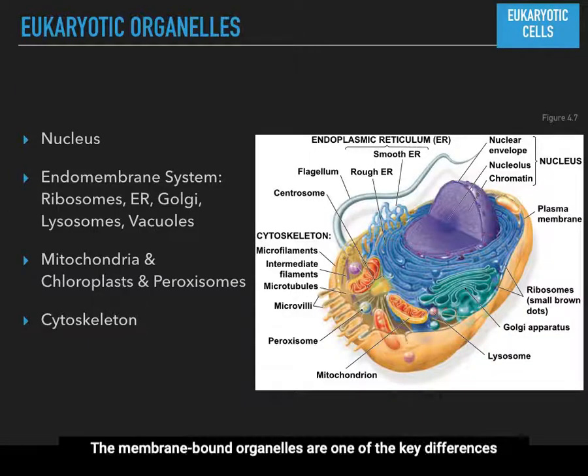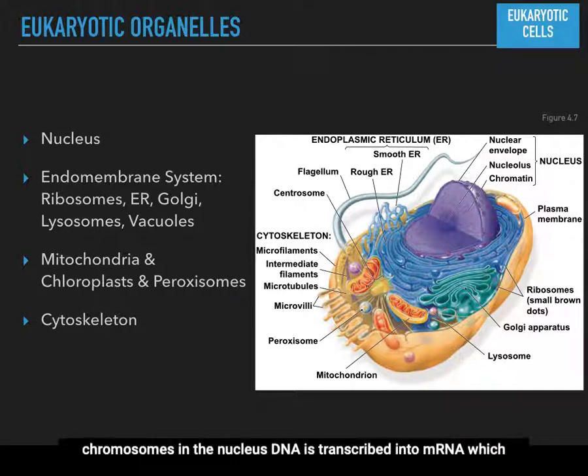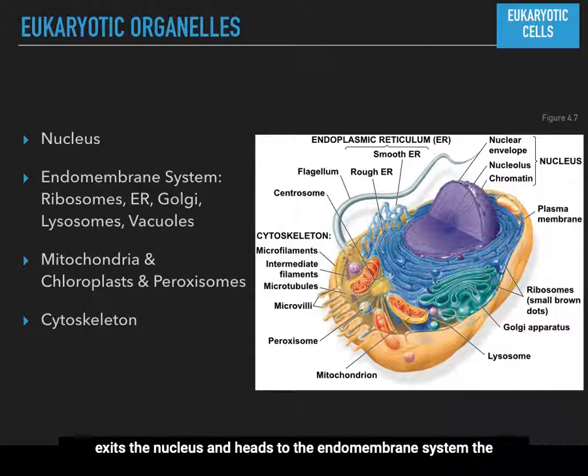The membrane-bound organelles are one of the key differences between eukaryotes and prokaryotes. So what are these organelles? The nucleus, which we just mentioned, contains the DNA in linear chromosomes. In the nucleus, DNA is transcribed into mRNA, which exits the nucleus and heads to the endomembrane system.